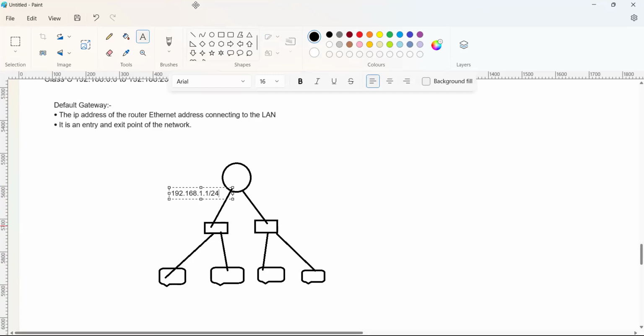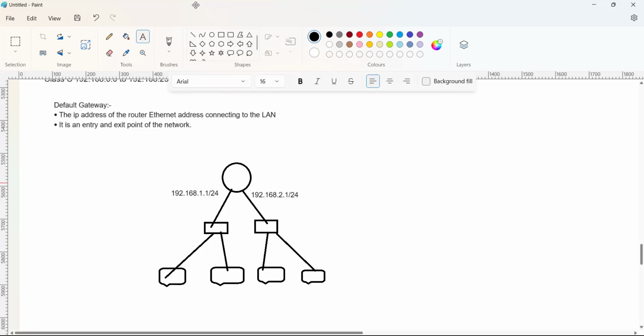192.168.11.1/24 and 192.168.12.1/24. This is the default gateway of these LAN users, and this is the default gateway of those LAN users. Even though they are in the same organization, same campus, we have segregated them into two different LANs.